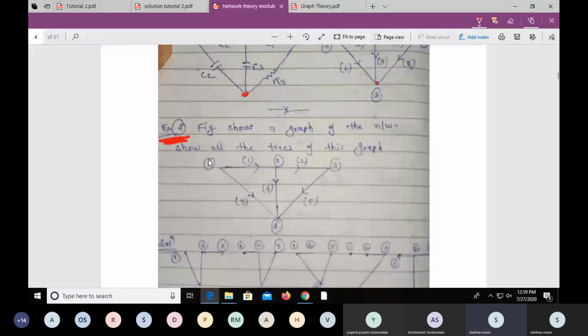Now we have to remember, in a tree all the nodes are connected, but there should not be any loop in the tree. And there are many possible trees you can draw from this graph.